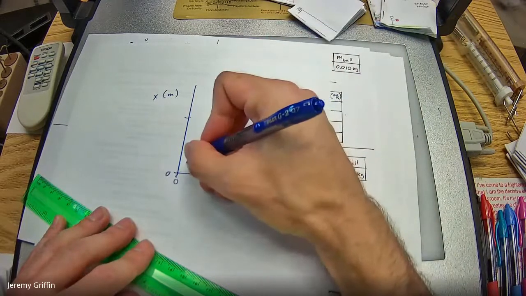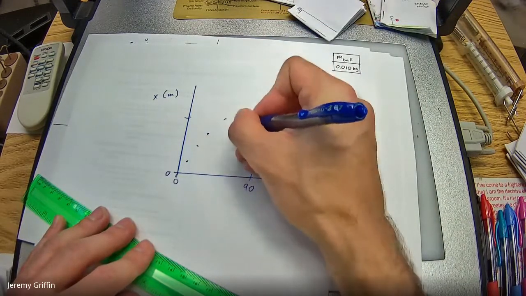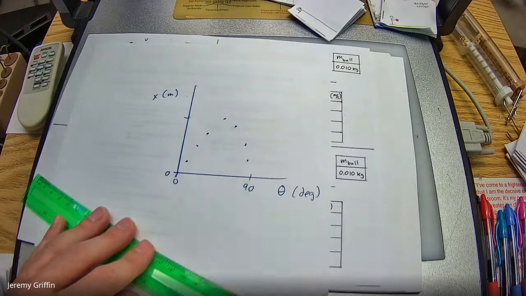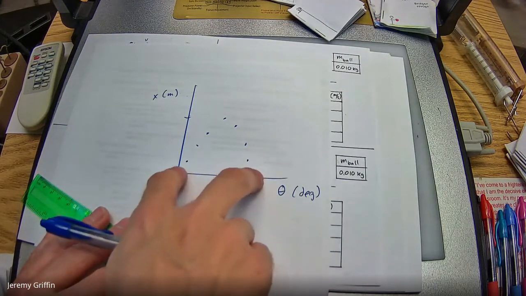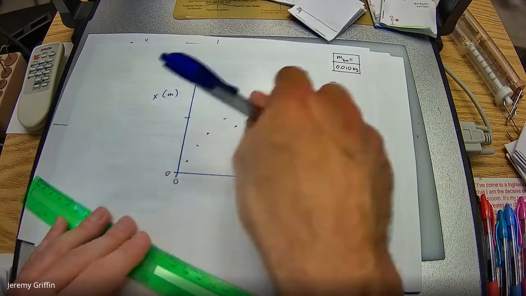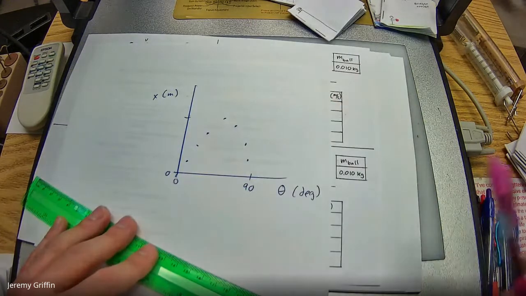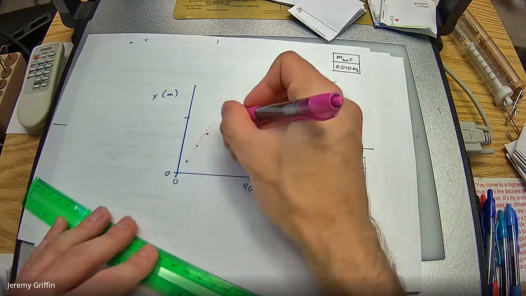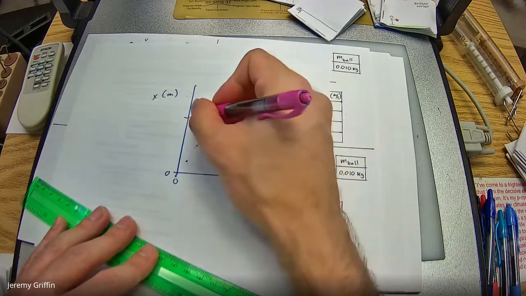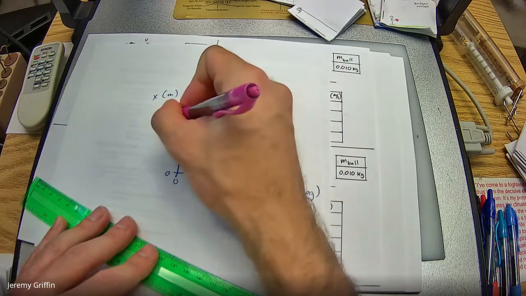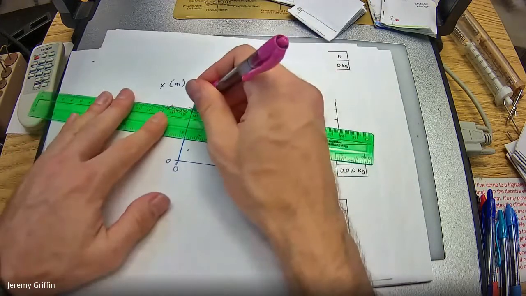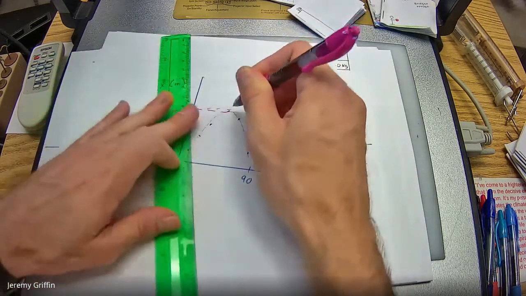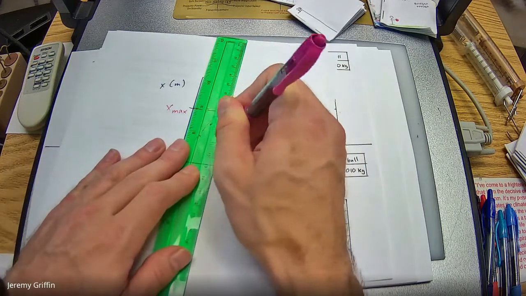And you probably got some data that looks something like this, where if it's a small angle or a large angle, horizontal or vertical, it probably didn't go too far. But somewhere in the middle it would have maxed out. What you can do from that is draw a curve of best fit. And then this maximum horizontal displacement, call it x max, would correspond to some optimal angle.